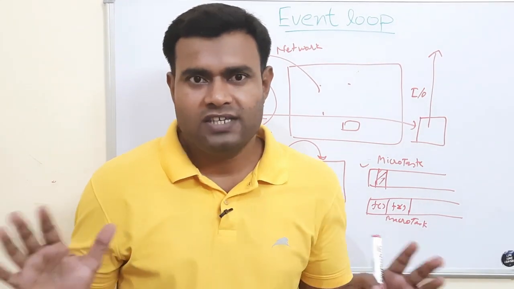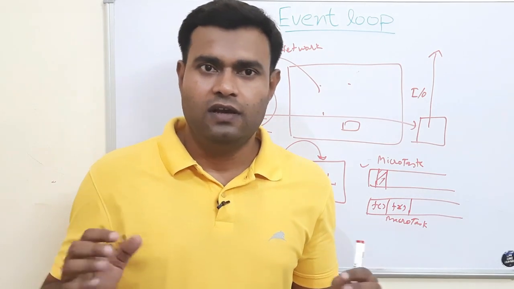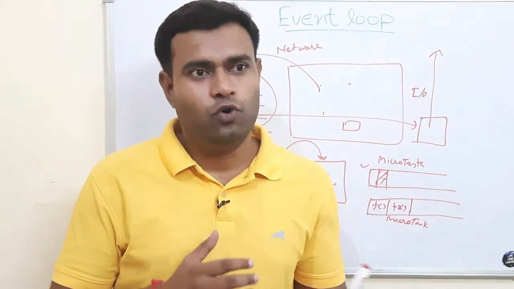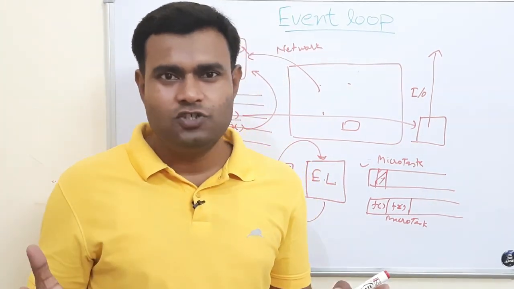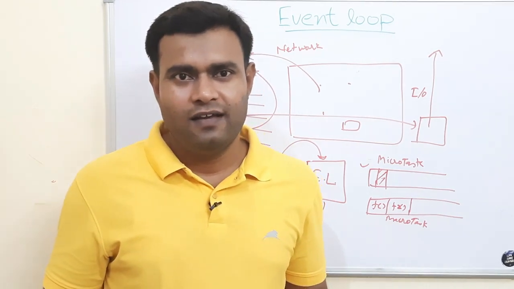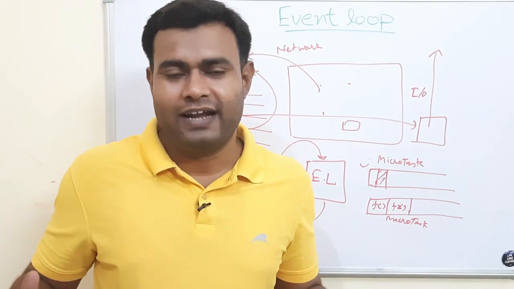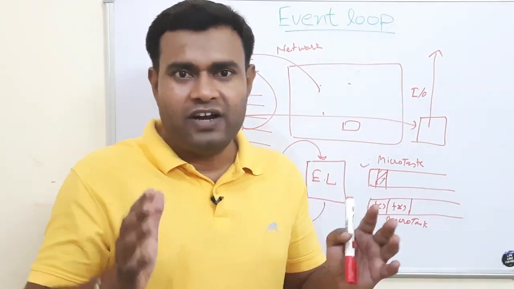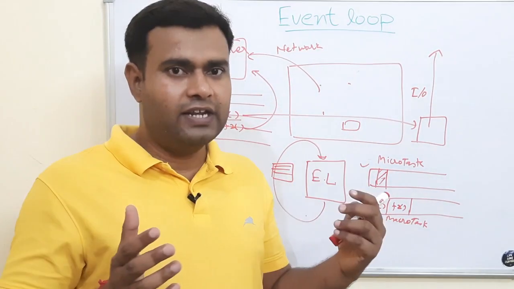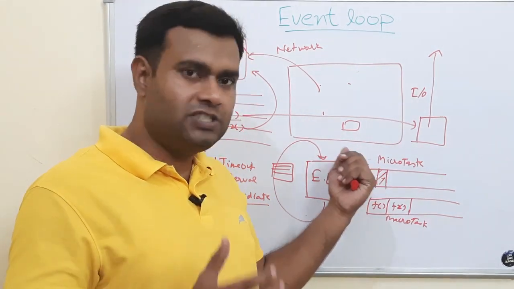You don't have to understand or deal with threads, concurrency issues, or race conditions, and your task will not be starved. That is achieved through the single threaded model, which is implemented through the event loop.